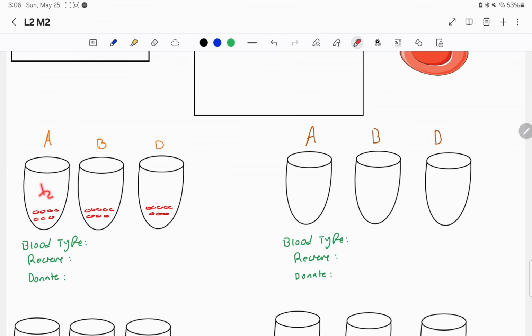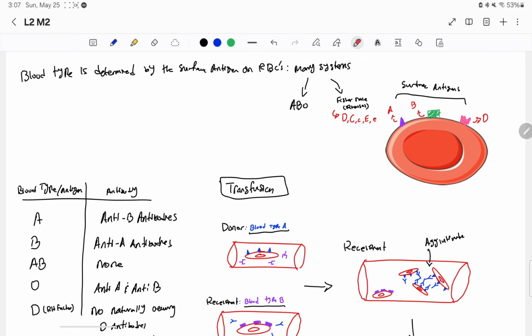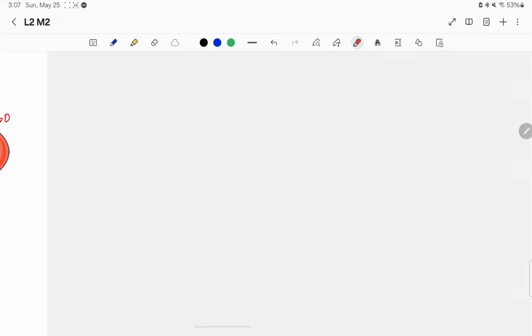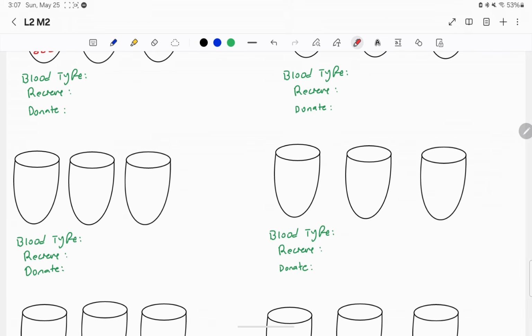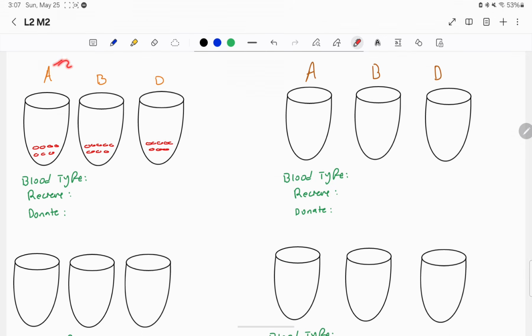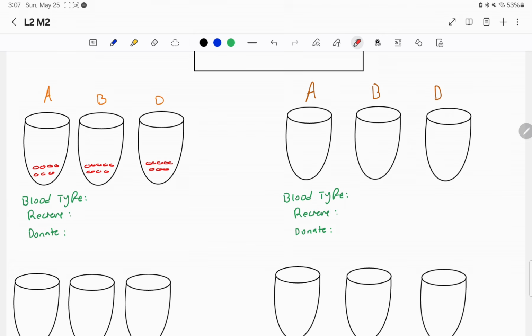And if I notice that in this test tube, this clumping response of the previous slide occurs, then I can confirm that the A antibody has bound to the A antigen. And that must mean that this guy is blood type A. Same thing I will do with B, and same thing I will do with D antigen.